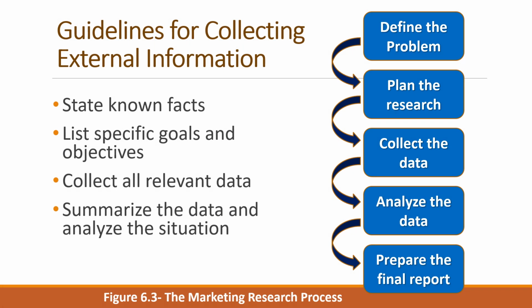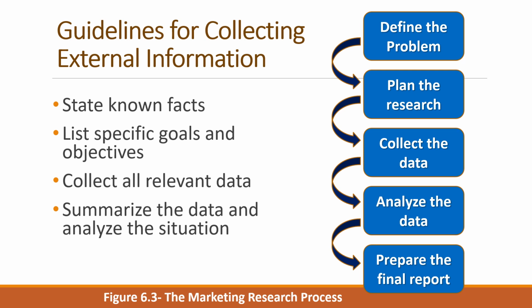I mentioned earlier that when you are using secondary data, one of the things you had to be very careful of was choosing data that was appropriate for the questions that you're asking. Your text suggests there are certain guidelines for collecting secondary data from external sources, and it goes through a 5-step process where the first couple of steps involve you clearly defining what it is that you're looking for.